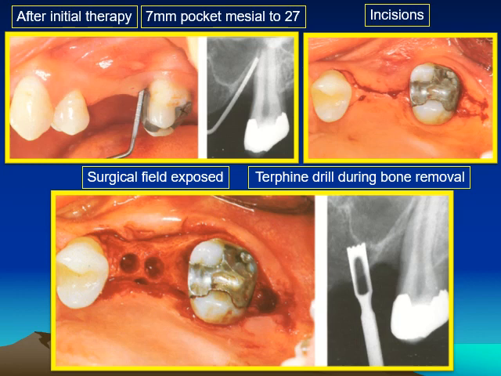Instead of a single 5 mm explant, 3 small 2.8 mm pieces were taken without altering the contour of the alveolar ridge. The 3 pieces of bone were further reduced in size before transferring to the defect. To the right, you can see the radiographic view of the trephine drill during bone removal.